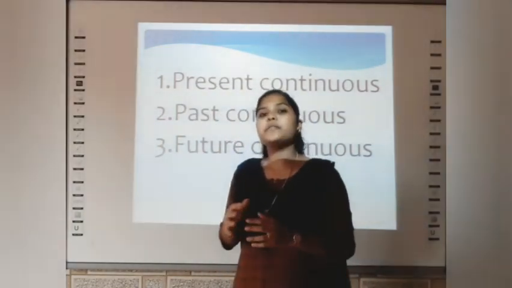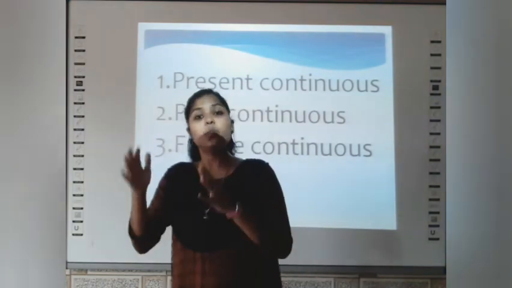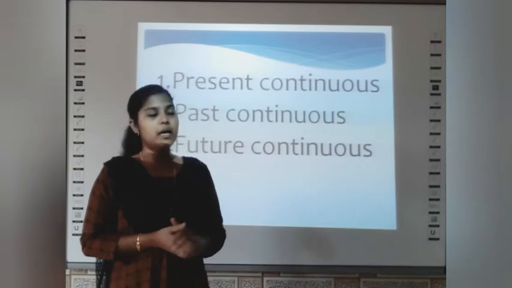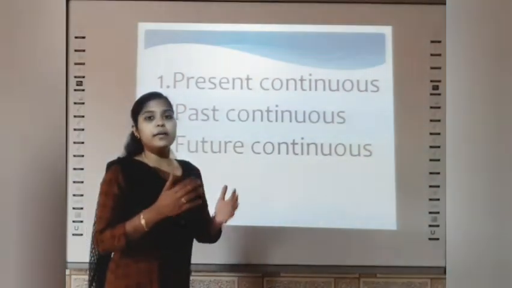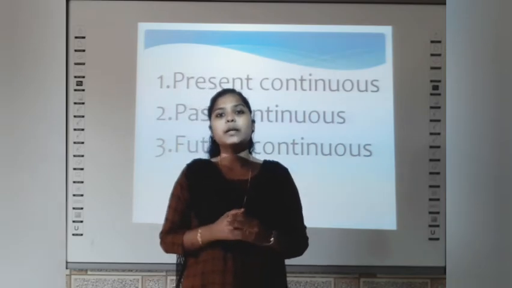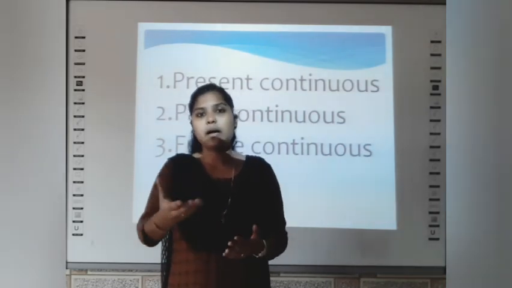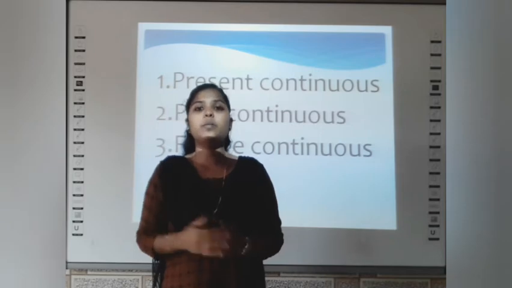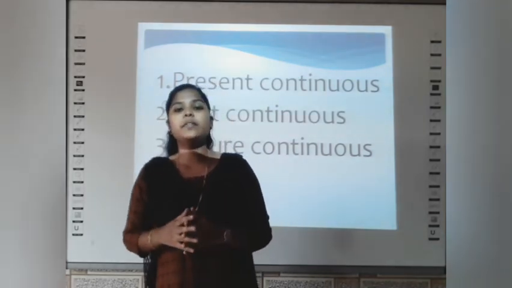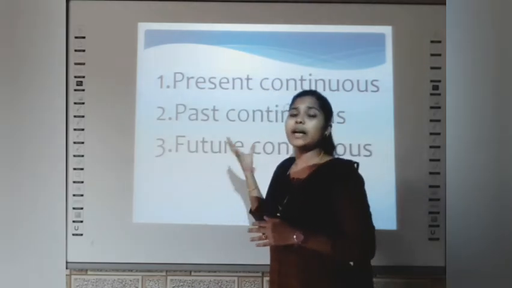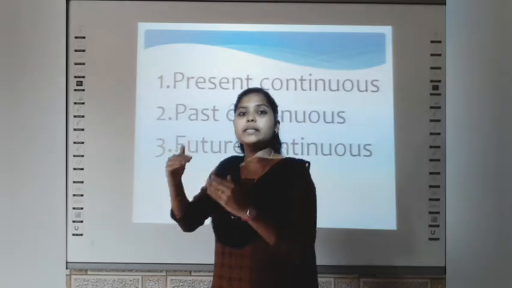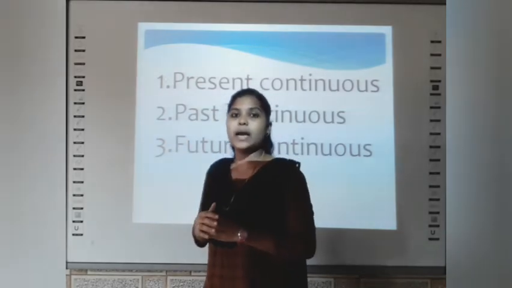Past continuous refers to the action which was going on at that time in the past. Future continuous refers to the action which will be continued in the future, maybe by tomorrow or next week or next month. That is referred to as future continuous. So continuous refers to an action that is going on. It is progressive.